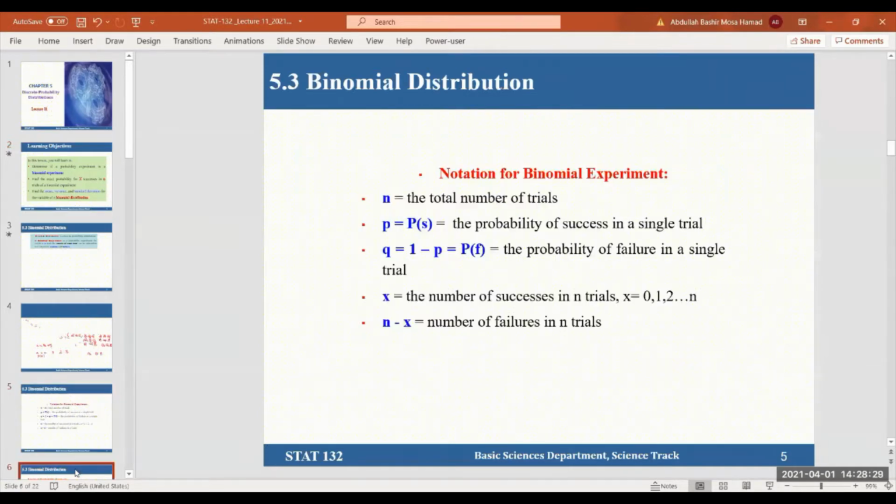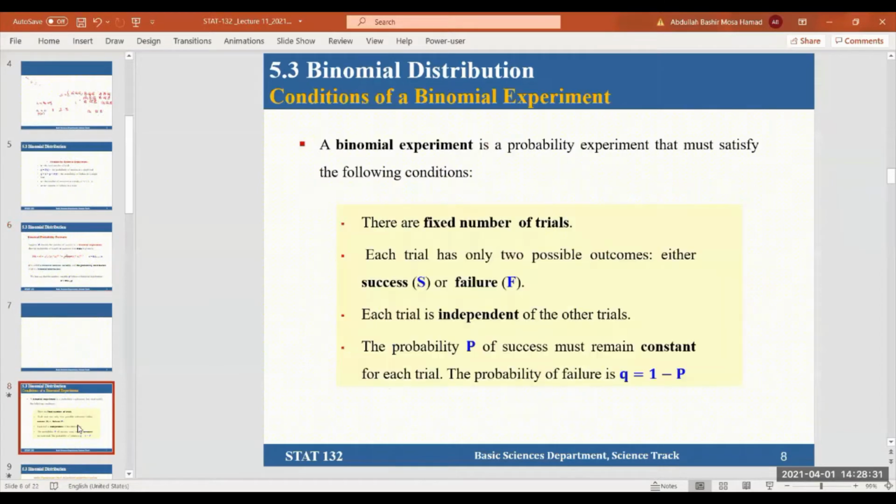We have 4 conditions that should be satisfied. First, there is a fixed number of trials, a fixed number of actions. In advance, I have to know how many times the action is done. Second, each trial should have only 2 outcomes, success or failure.